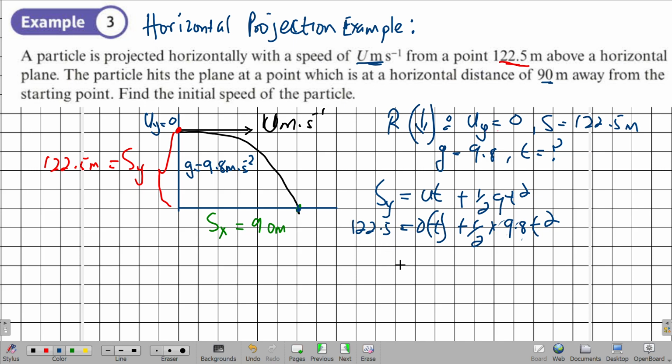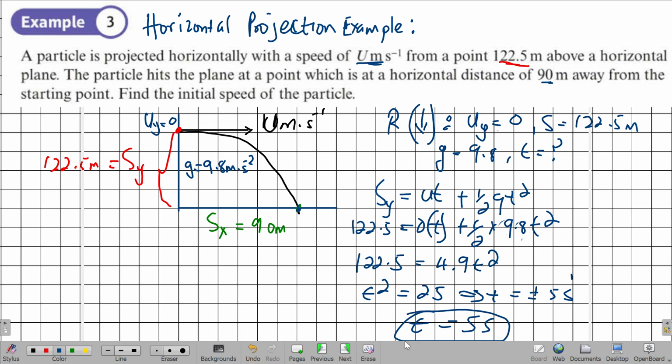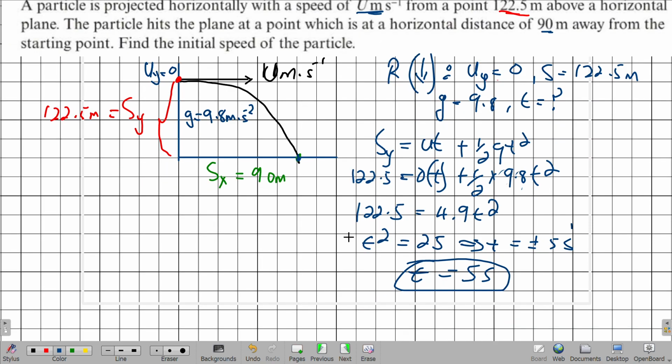So this gives us an equation that says 122.5 is equal to 4.9 t squared, and making t the subject of the formula results in t squared equal to 25. This further implies that t is plus or minus 5 seconds. Obviously, you are going to ignore the negative and just conclude that t is 5 seconds, since time is a scalar quantity.